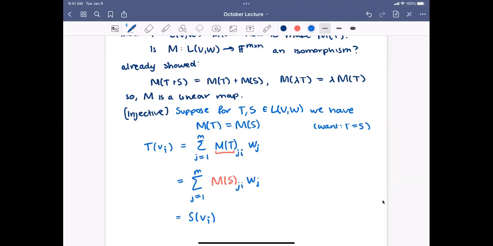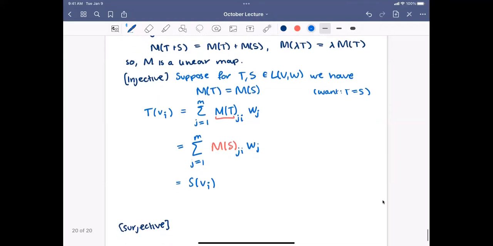So T and S are two linear maps that do the same thing to every basis vector, therefore they must be the same map. So T is equal to S, since T of v_i is equal to S of v_i for i from 1 up to n.